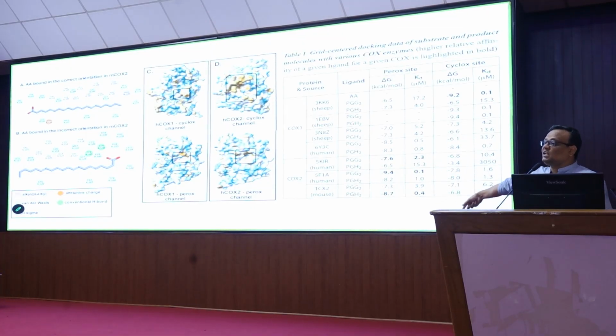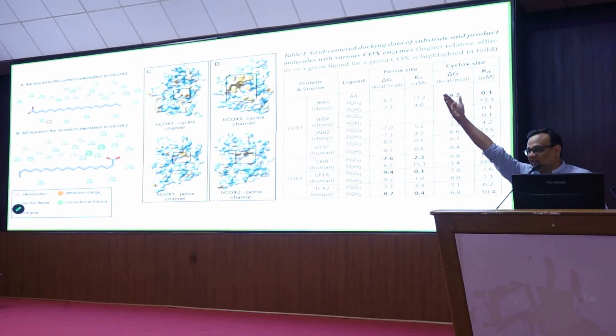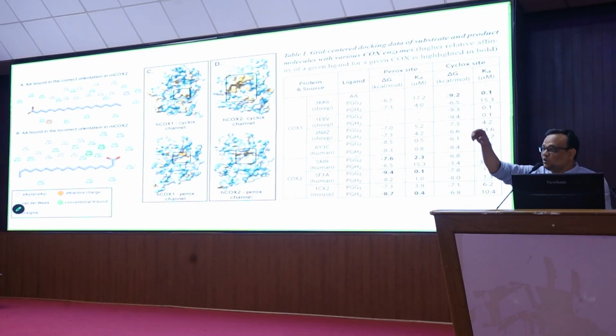PGG2 has to go the other way around. What is the dynamics involved? Arachidonic acid has to come out of the membrane and go into cyclooxygenase site. That has to become PGG2. PGG2 has to come out of the membrane and go to the solvent, and from there it has to come that side. So it's a very intricate mechanism that is proposed by people.